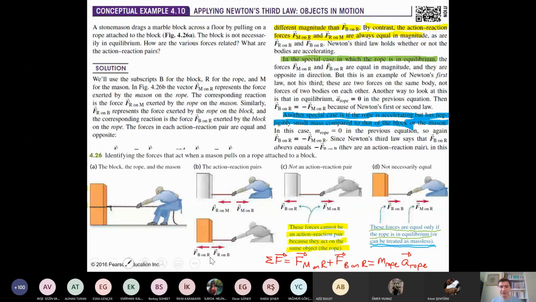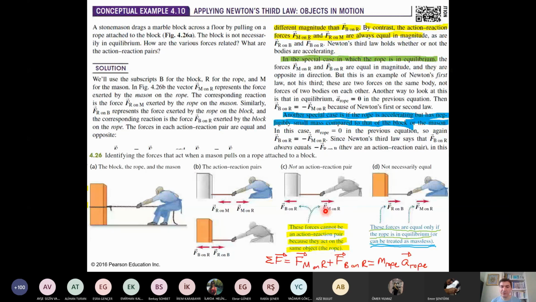This is also an action-reaction pair. So now let's have a look at this condition. The mason applies a force on the rope, and then the block applies a force on the rope. These are not action-reaction pairs because they act on the same object.